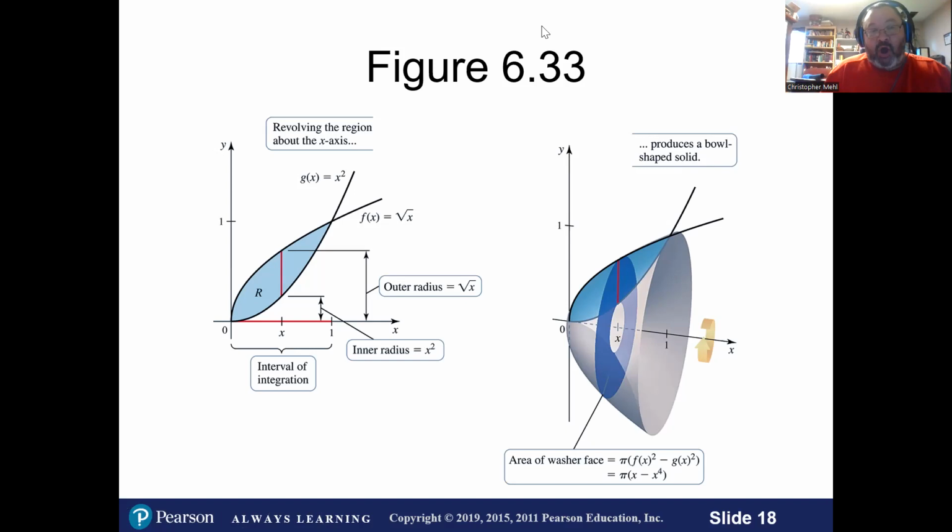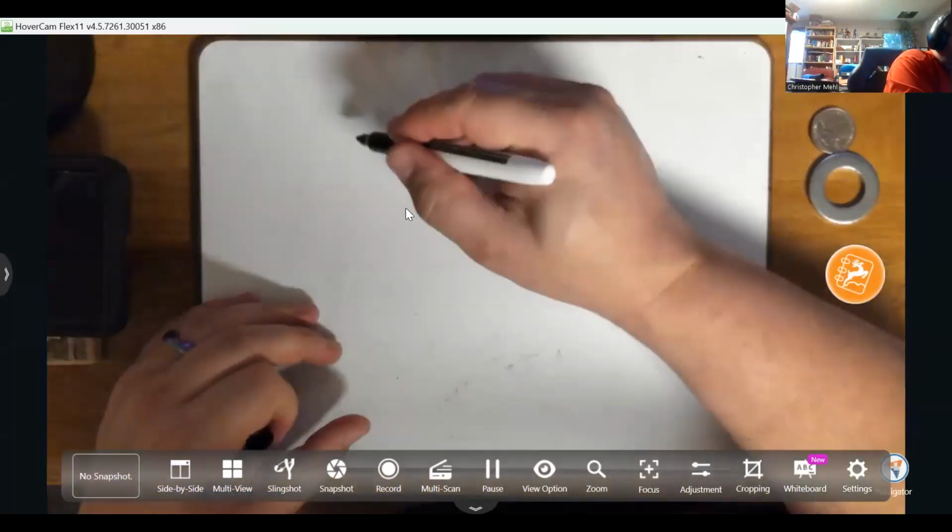And so our cross-sectional area, let's jump to this whiteboard here.